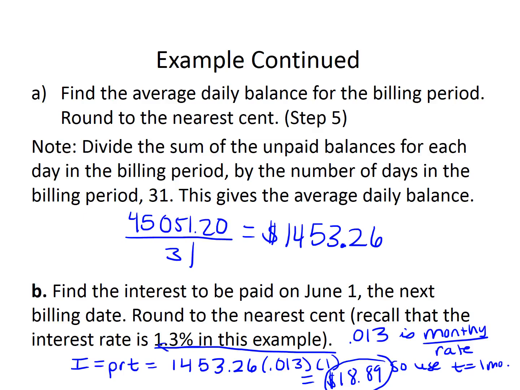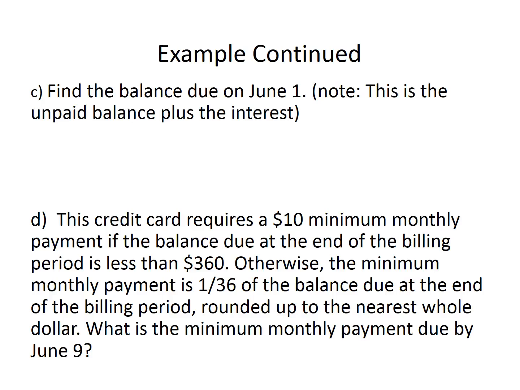So that ended on the last day in May. Find the balance due on June 1st. The unpaid balance was $1,597.80 at the end of May. Right, this was May 28th.